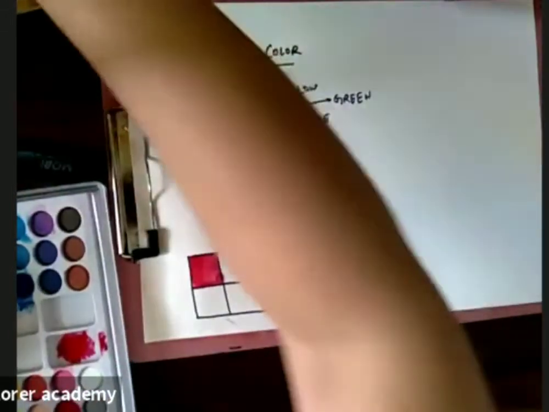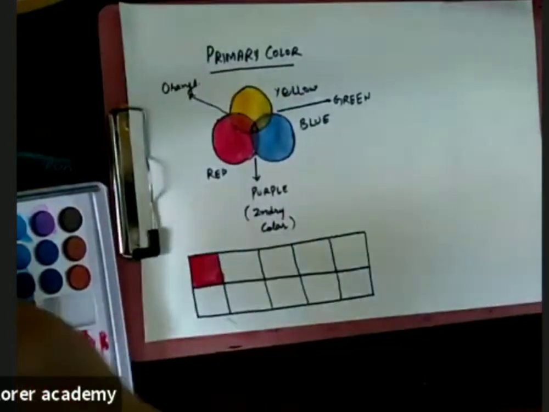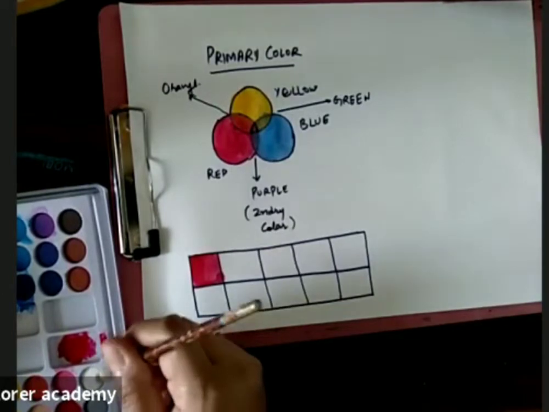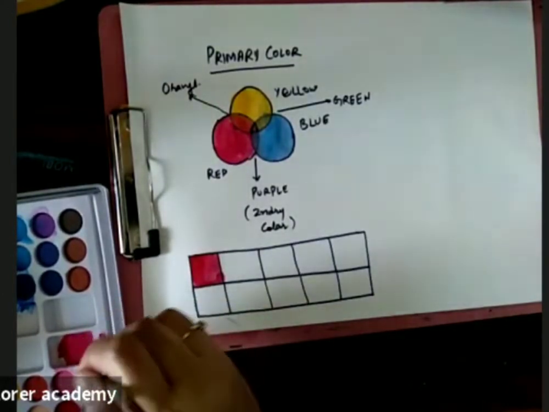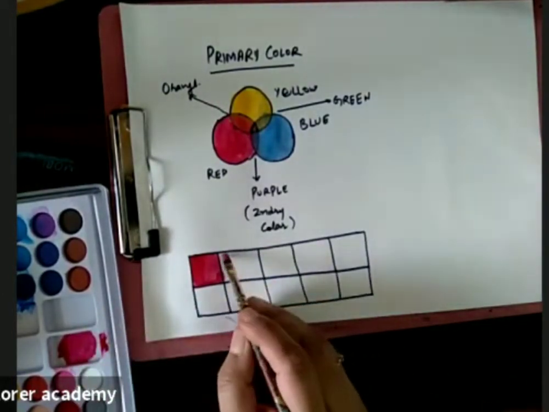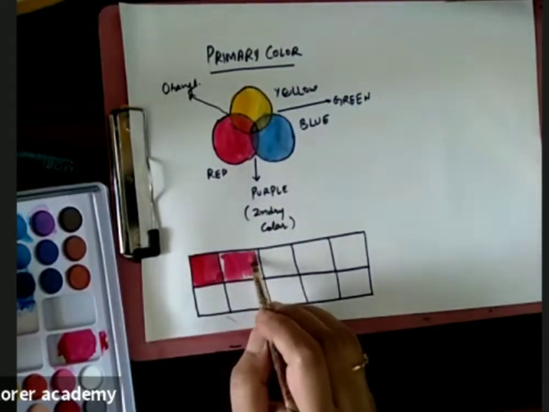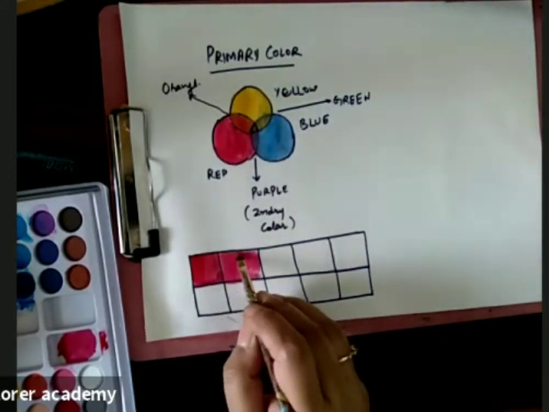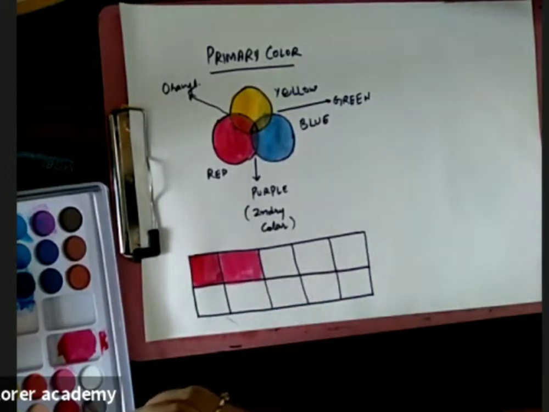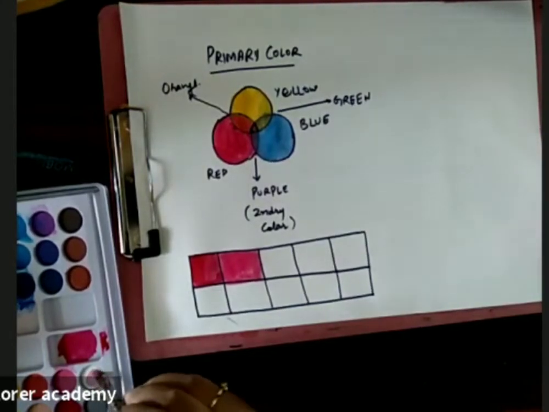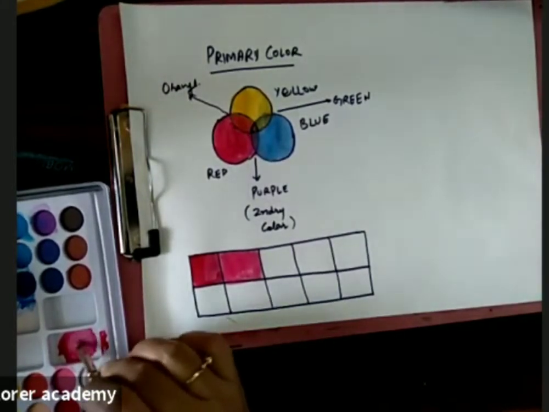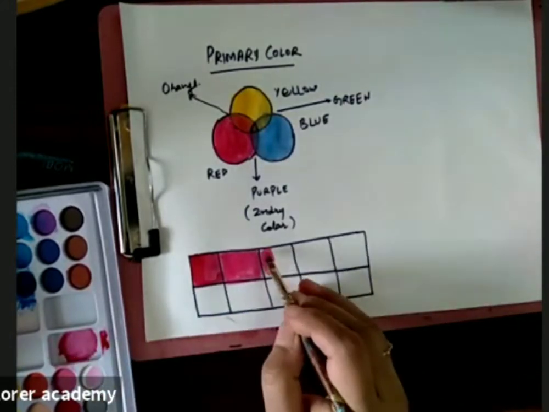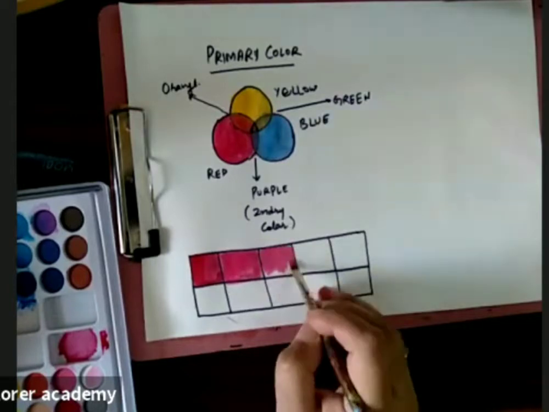Then from another brush, you can just add a little white and apply the shade here. So this is a little lighter than that. So now I'm again taking the white. So add it in red again, and apply it here.